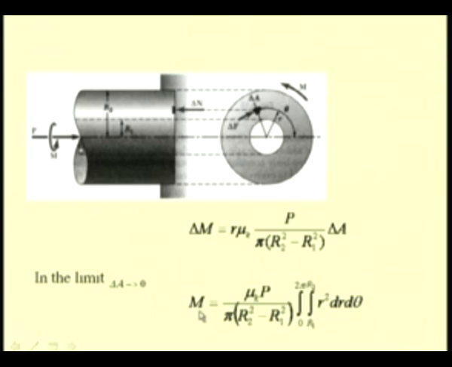So, we have the total moment as, these things being constant can be pulled out: mu k P divided by pi times r2 square minus r1 square, integral 0 to 2 pi, integral r1 to r2, r square dr d theta, because we know delta A is r dr d theta.